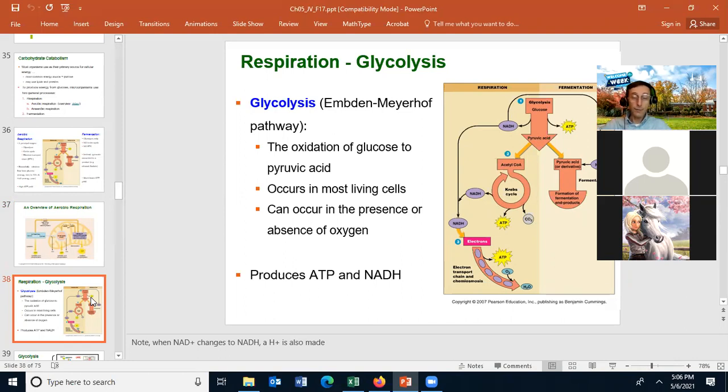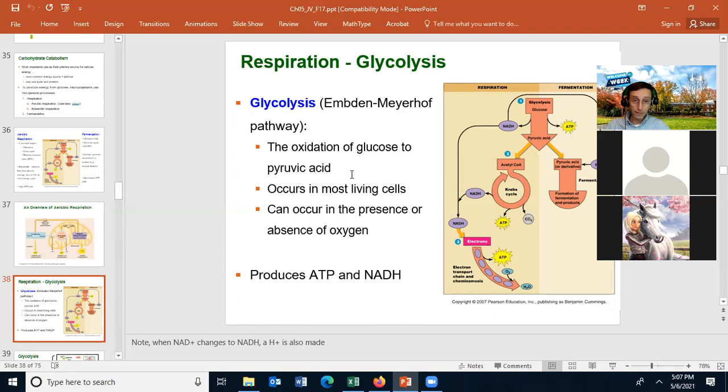It can use other food molecules, but most of the time, at least for couch potatoes like myself, the other food molecules will be converted into glucose, and then glucose will be sent down aerobic respiration, starting with glycolysis. Glycolysis is the oxidation of glucose to pyruvic acid.